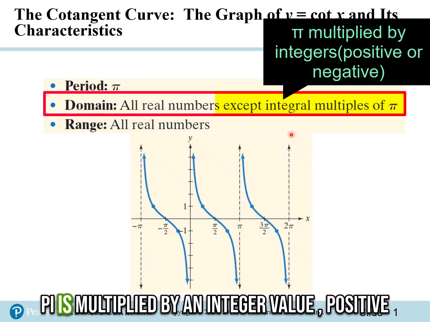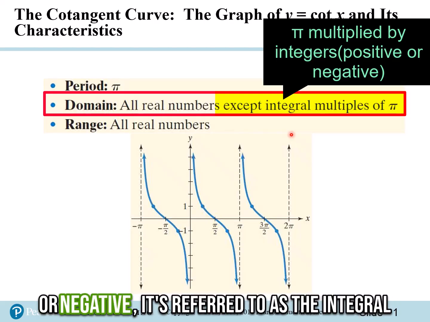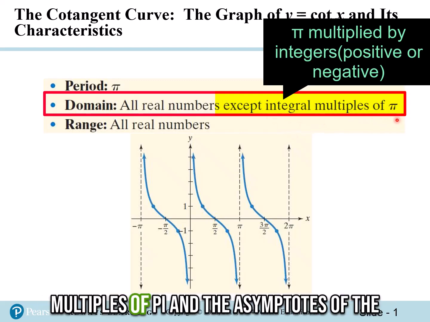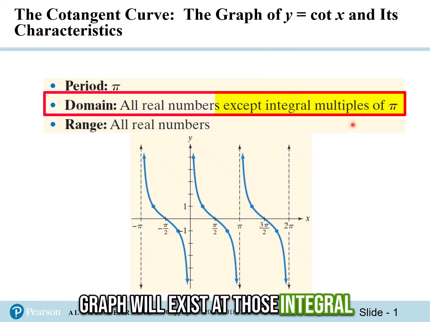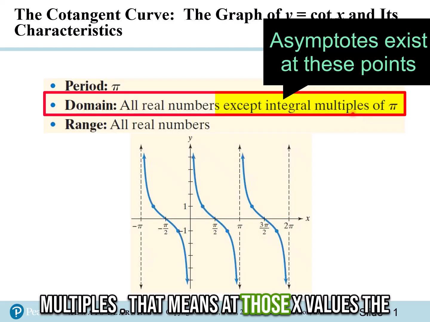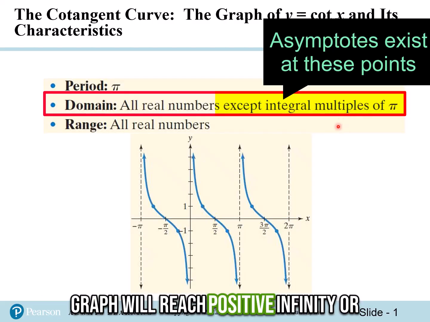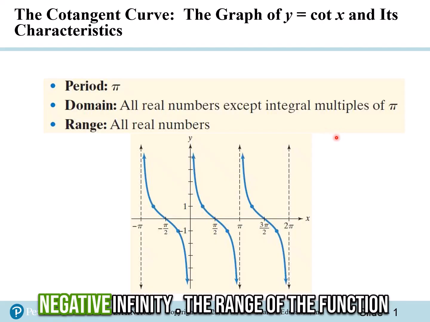Whenever pi is multiplied by an integer value, positive or negative, it's referred to as the integral multiples of pi, and the asymptotes of the graph will exist at those integral multiples. That means at those x values, the graph will reach positive infinity or negative infinity.